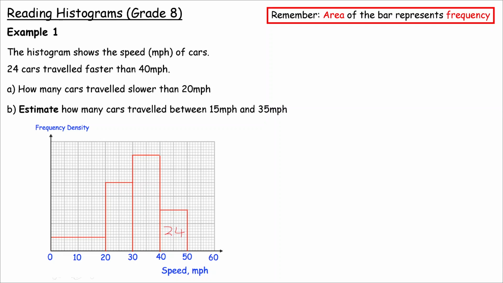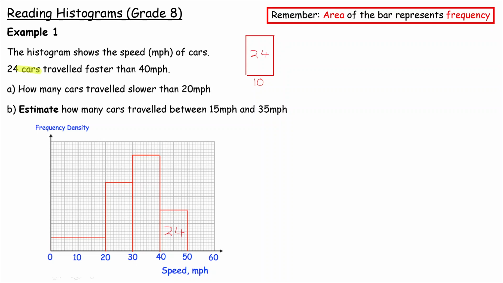Because now if I draw this bar out over here, a rough sketch, we've got this bar like this. The width of that bar goes from 40 to 50, so it's got a width of 10. The frequency is 24, so I've got 24 cars in here.